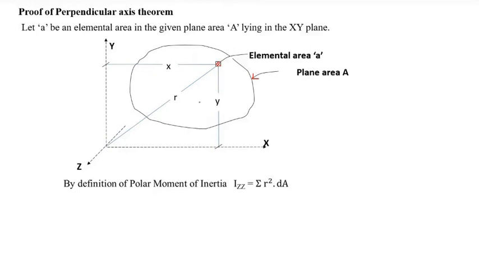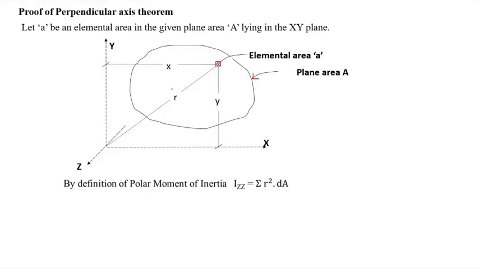Now let us see, do you have any clue about bringing x and y in here instead of r? How can you bring x and y values here? Can you apply the Pythagoras theorem? Yes.